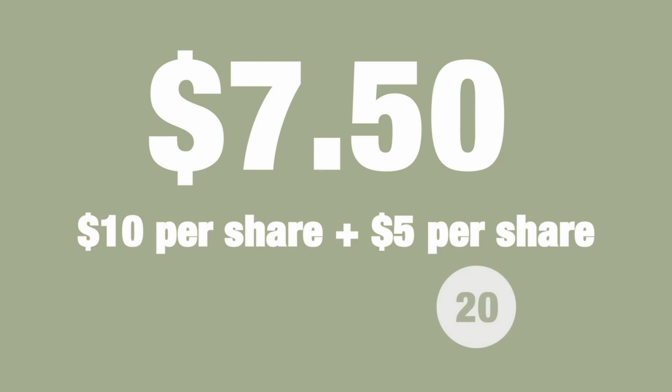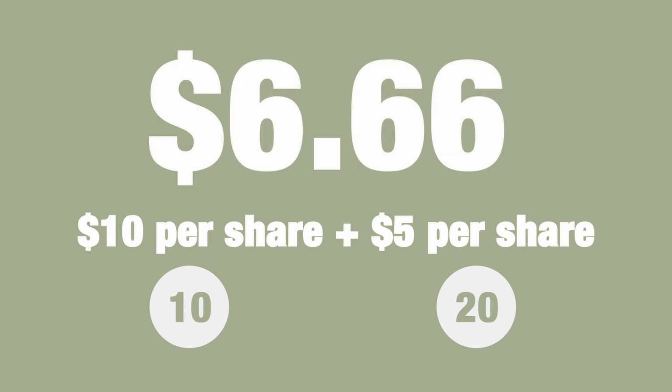Because you bought 20 shares at $5, you only bought 10 shares at $10. So the weighted average cost is $6.66, which means when the market comes back from $5 a share, you'll recover quicker. And when the market gains, it starts making money when it goes above $6.66. It doesn't have to get above $7.50. Okay? That's the best news for dollar cost averaging.